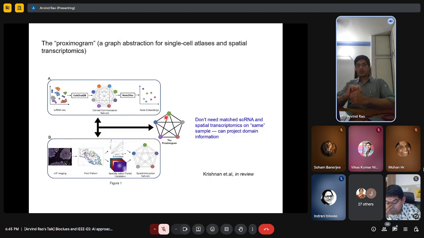So that's on the node level. The edges between any two nodes indicate their spatial proximity, which can be derived from spatial profiling platforms. So now you have a single abstraction that can bring both single cell non-spatial data and spatial data into a single object. And now what do you have? For every patient, you have a graph.